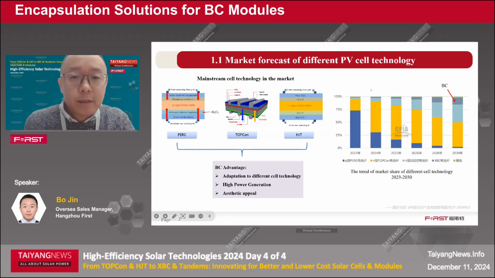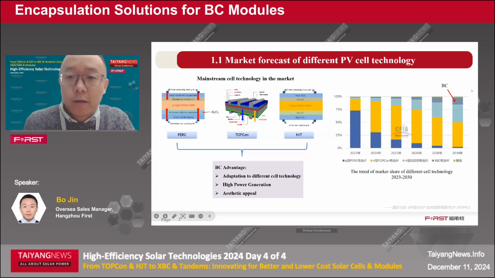And BC is also one of the popular cell technologies, and it has lots of advantages. For example, it can adapt to the above mentioned cell technology, and it has high power generation because there is no shading on the front, and also visually it looks better than the other modules.